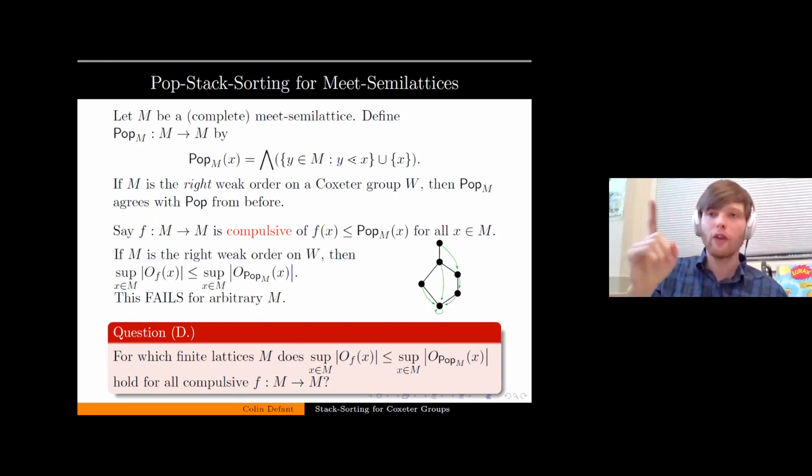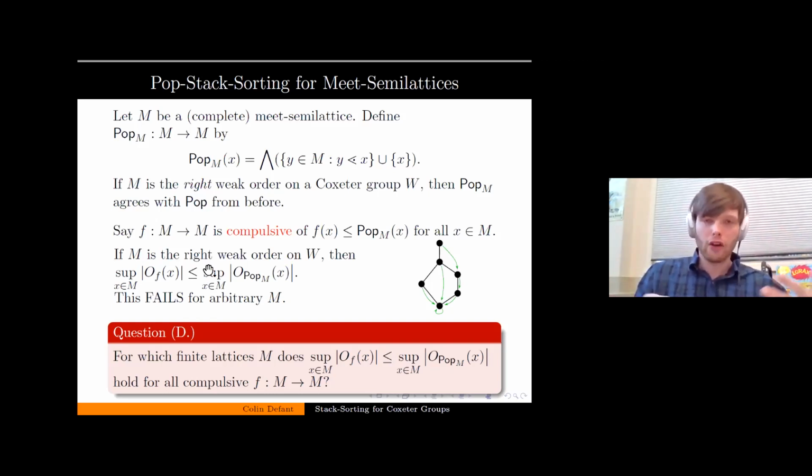And then you say, oh, by the way, right weak orders of Coxeter groups satisfy such and such property. And that explains in a lattice theoretic way why this inequality is holding for right weak orders of Coxeter groups. Because basically, I know that this is true because I have these two separate theorems which were proved in a Coxeter theoretic way using things like the strong Bruhat order, and I put them together and I get this inequality.